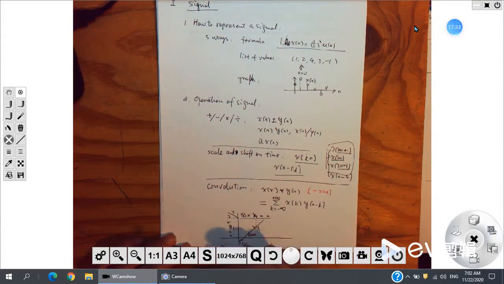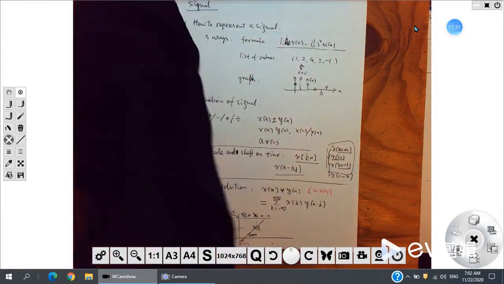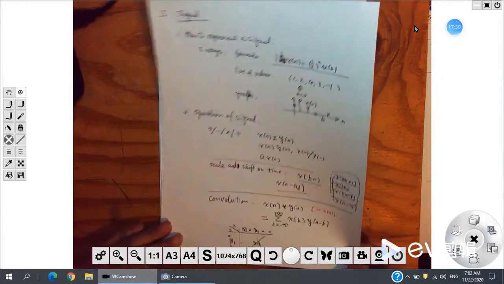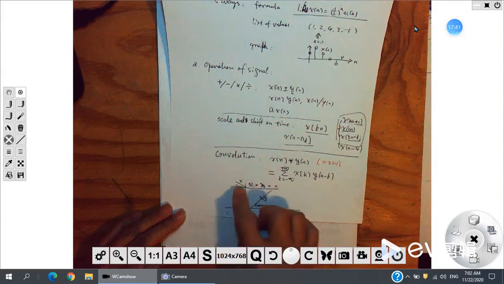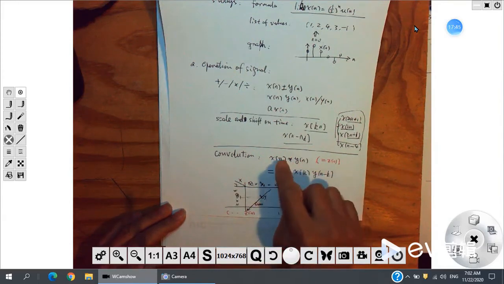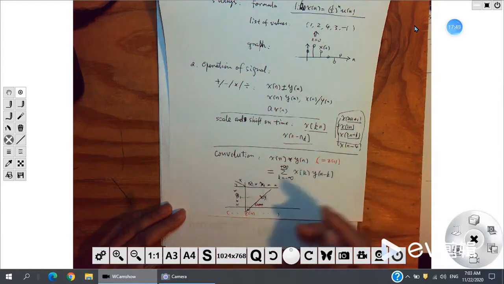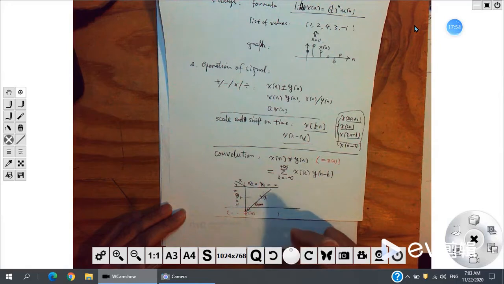So you can do the convolution this way, the table way. Usually this method works if both x and y have finite elements. If one of them is infinite, or both are infinite, you still can work like this, but maybe it is not as simple as the finite length case.